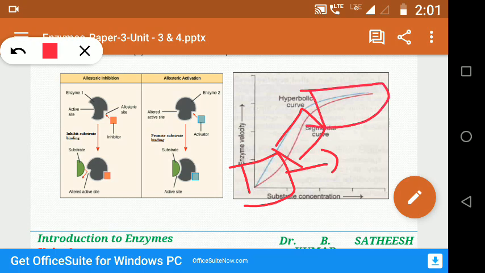And with further increase in the substrate levels, what happens? The enzyme will reach the Vmax. Therefore, further increase in the substrate concentration will not increase the velocity of the enzyme anymore, because all the substrate binding sites, active sites, are saturated with substrate.